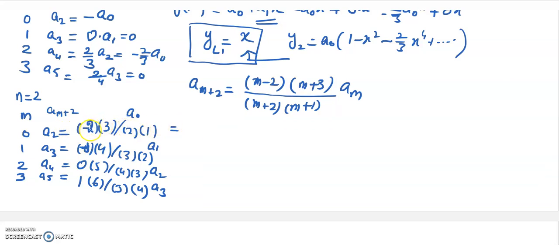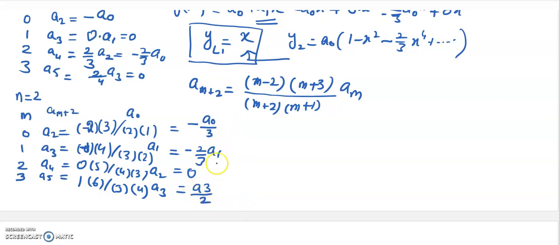So it will be minus a0 by 3, and then this was minus 2 by 3, this was minus over here, and this was 4, so minus 4, and then divided by 2, so minus 2 by 3 a1, and then this will be 0, and then this will be a3 by 2.